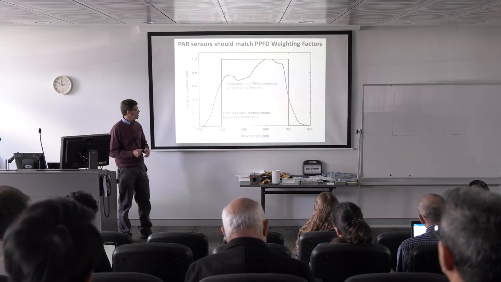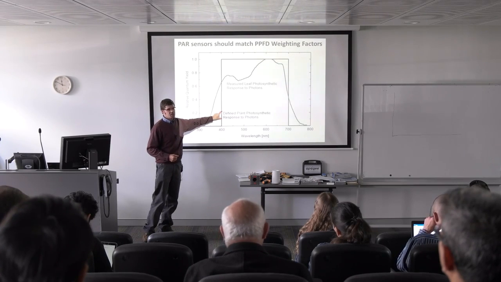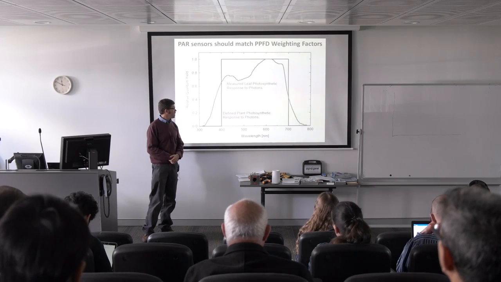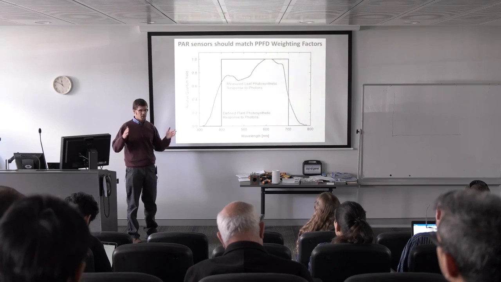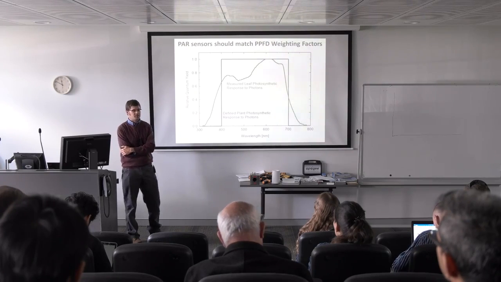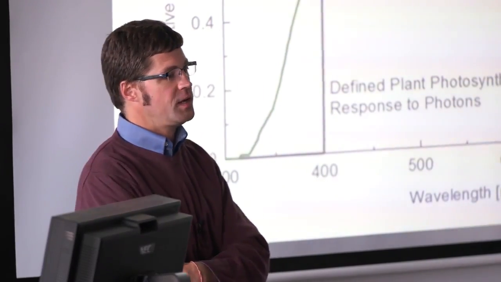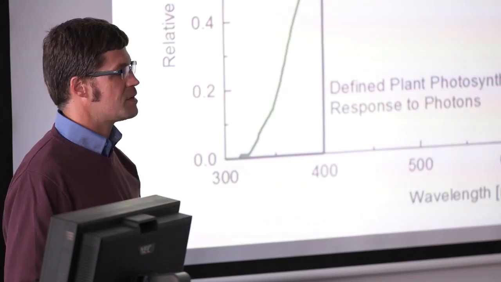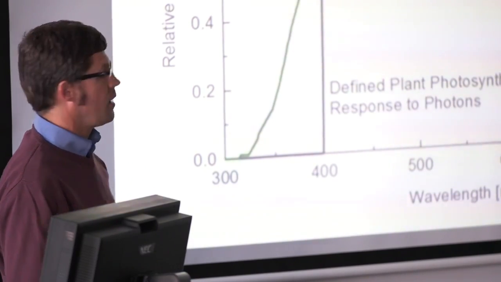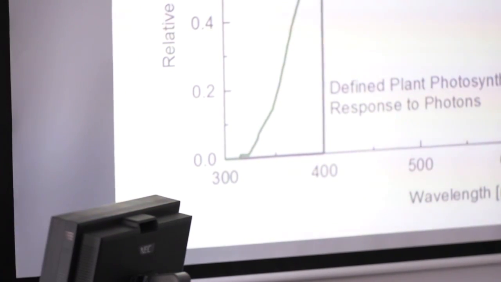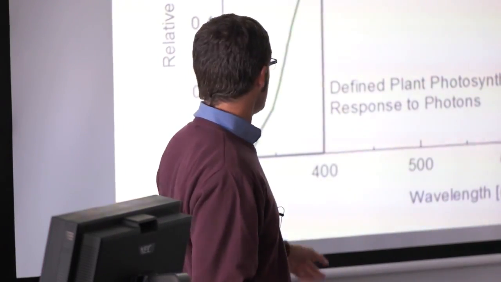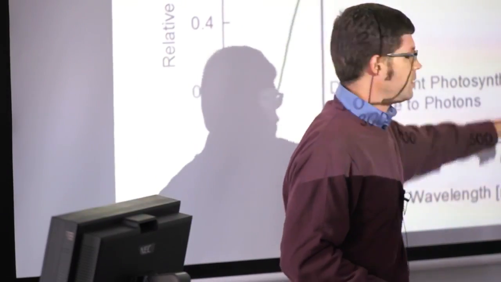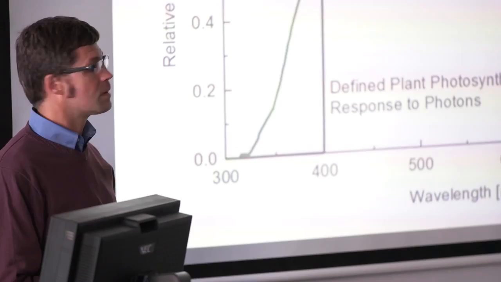And so the universally accepted definition of PAR is what we call this defined plant photosynthetic response, where we just give equal weight to all the photons within the 400 to 700 range, and we don't give any weight to photons outside the 400 to 700 nanometer range, and we use that as our definition of photosynthetically active radiation. And so PAR sensors, these kind of devices, should have a spectral response or a sensitivity that matches this black line as close as they can.